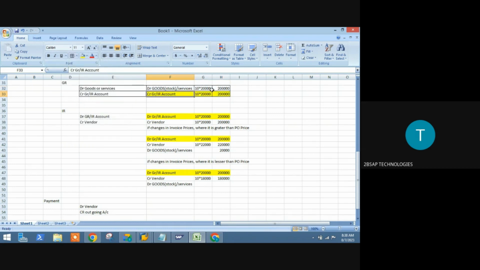You maintained your goods value as how much, sir? 2 lakhs. But your invoice is provided as 1,80,000. So what will you do now? Will you say your goods value is 1,80,000 or 2 lakhs?